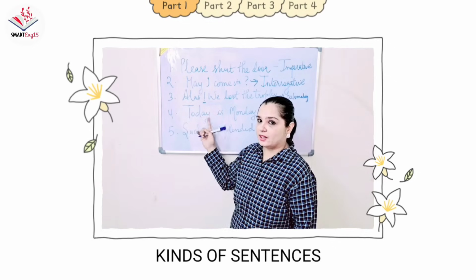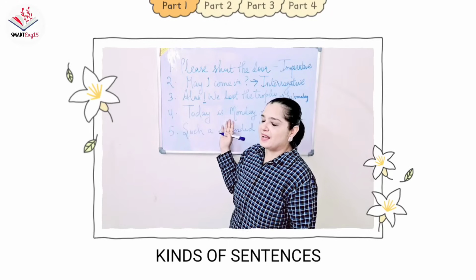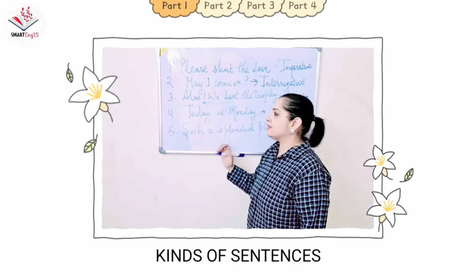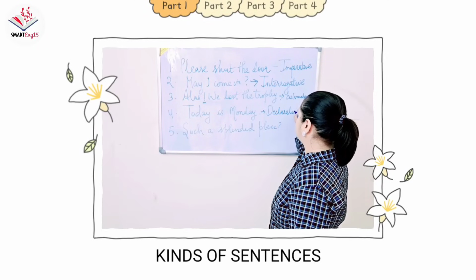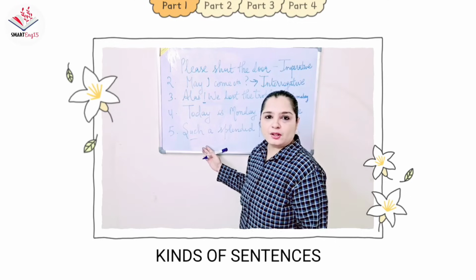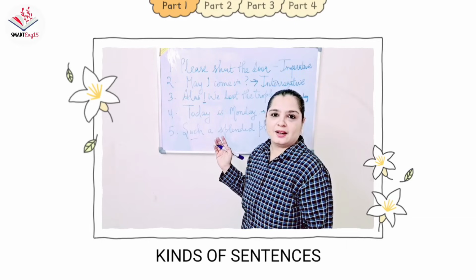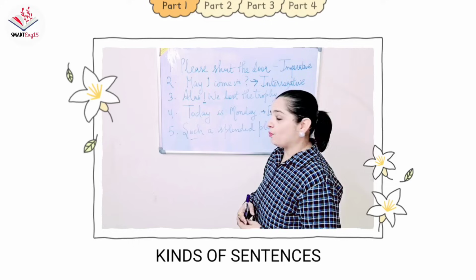Can you guess which kind of sentence is it? Today is Monday. Yes, you guessed it right. It is a simple statement, so it is a declarative sentence. Last but not the least, such a splendid place! Yes, you guessed it right. It is an exclamatory sentence and you're quite smart.